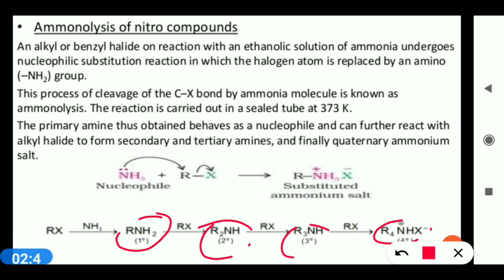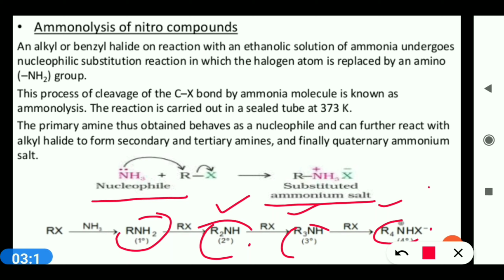So the primary amine behaves as a nucleophile and further reacts with the alkyl halide to form the secondary, tertiary and the quaternary ammonium salt. You can see the reaction here. First of all, the ammonia will behave as a nucleophile. It will donate the lone pair of electrons and form the substituted ammonium salt. So this is known as the Hofmann ammonolysis reaction.